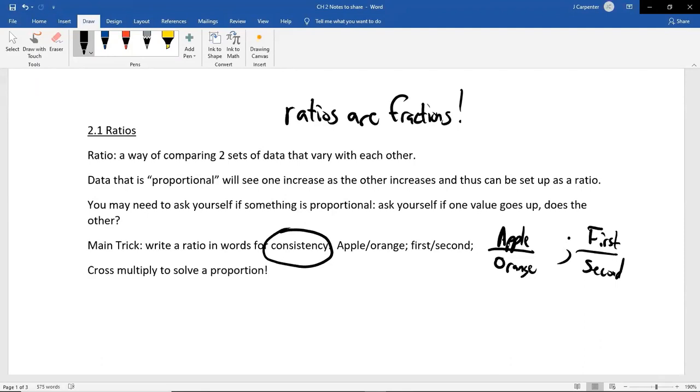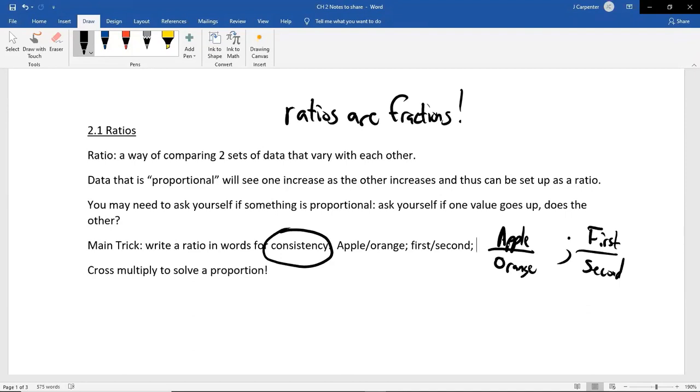Monday over Tuesday, week 1 over week 2, scenario A to scenario B, however you want to do those. So you're going to be setting up equations where it's a fraction equal to a fraction. A proportion is an equation where it's a fraction equal to a fraction. That's our first idea of a proportion. Yes, there's another way to write those out as equations. That's phase 2.